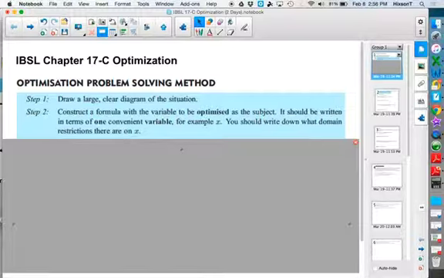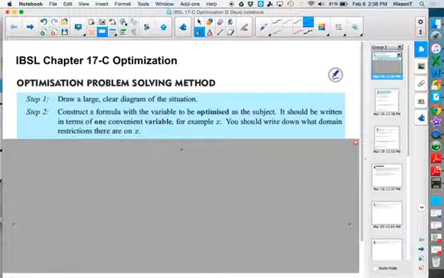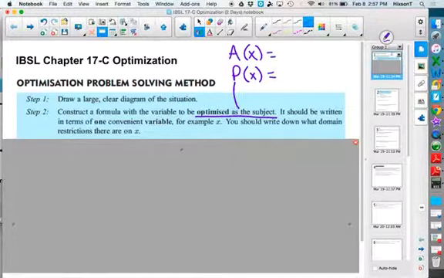First of all, if I'm trying to optimize area, then I'm going to write a formula or a function where my function equals the area. If I'm trying to maximize my profit, I'm going to make whatever formula I'm coming up with equal the profit. I want to make the thing that I'm trying to optimize the thing that my function equals.